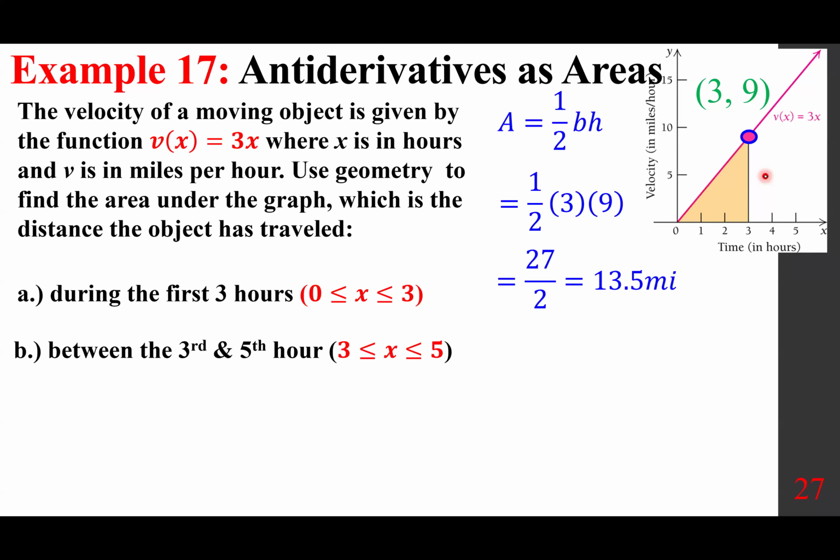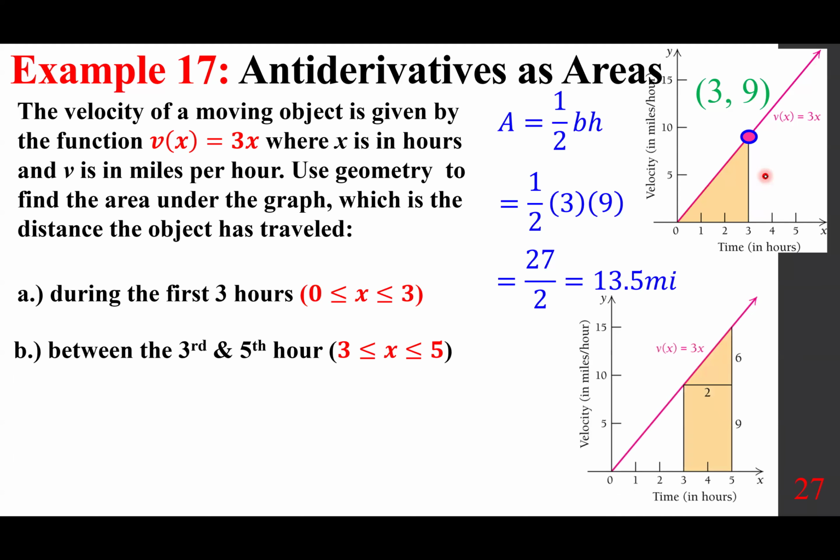What about between the third and fifth hour? Looking like that. You have several choices. One is to calculate the entire area and then subtract this one from it, right?